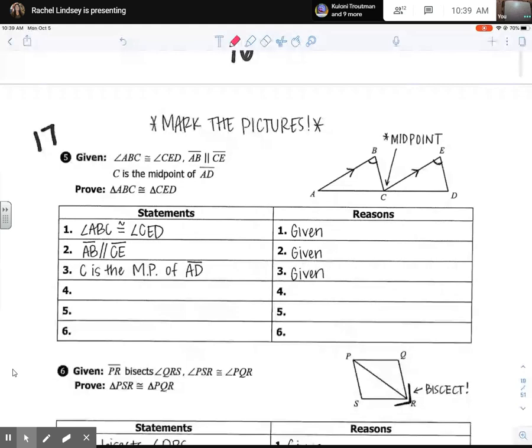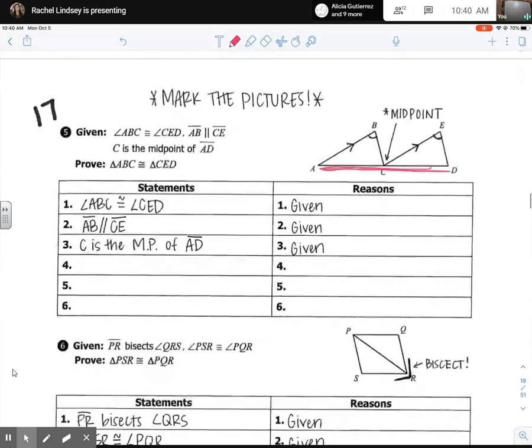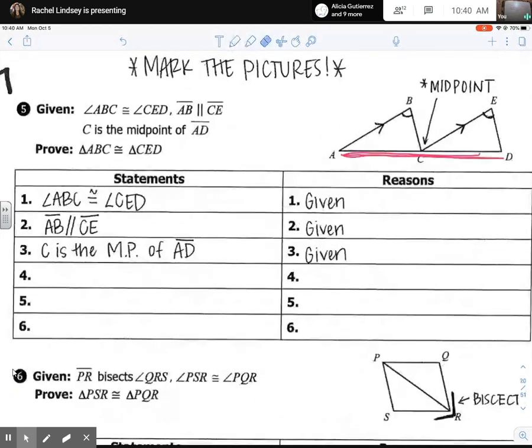So, do you want to do the parallel lines first or the midpoint first? Midpoint. Okay, midpoint. So it says C is the midpoint of AD. So this bottom line. So if C is the midpoint of that line, then it's splitting it into two equal parts. So that means AC is congruent to what?